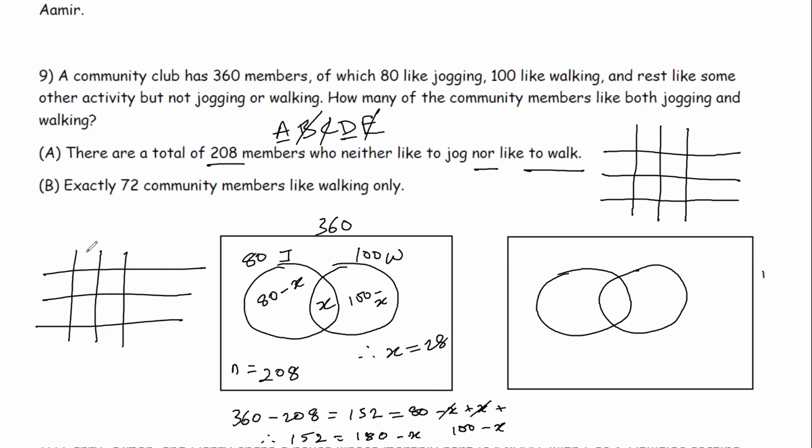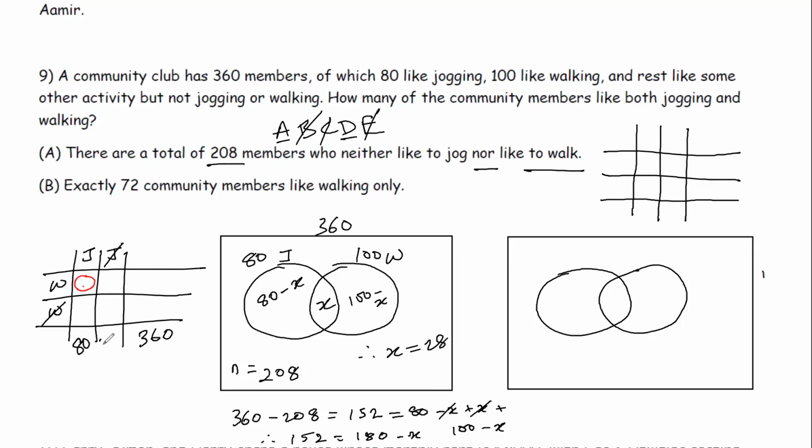Now, using the grid method, we could say people who jog, people who do not jog, people who walk, people who do not walk. Total is 360. This is what we need to find out, so I'll just put it in red. We know that 80 like jogging, so this is the total for 80.